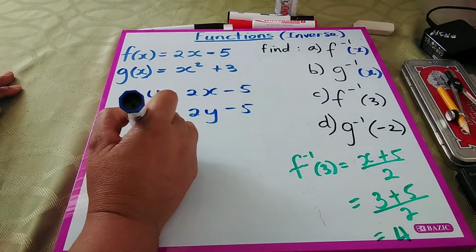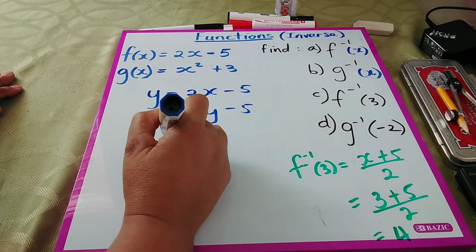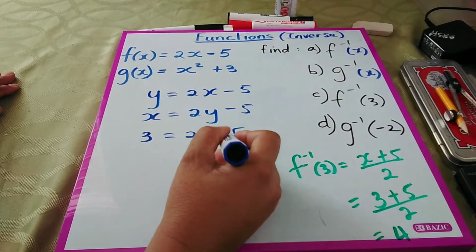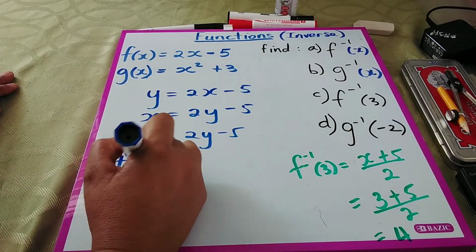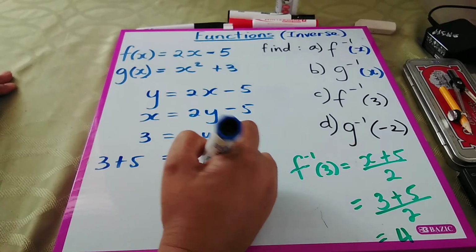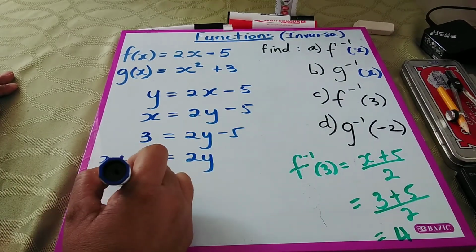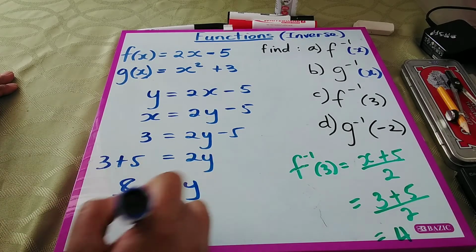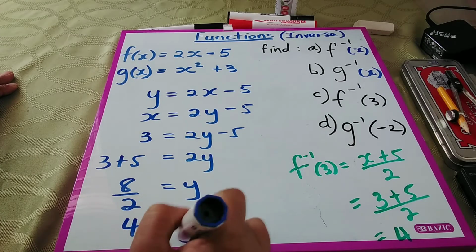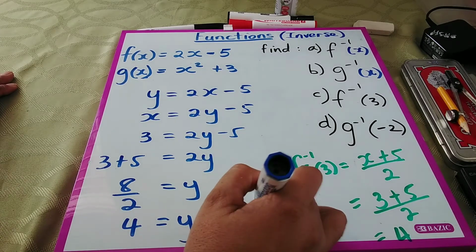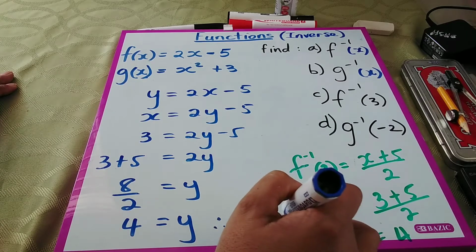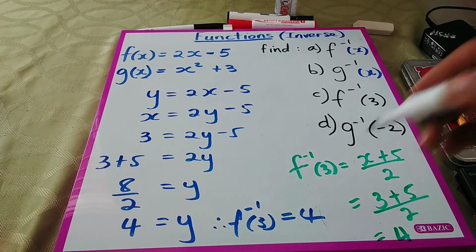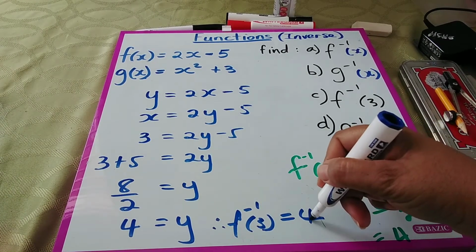So here we could say 3 is equal to 2y minus 5, and then we carry over the 5, so we have 3 plus 5 equals 2y, and then we divide by 2. 3 plus 5 is 8, we're going to divide it by 2 equals y, and so 4 equals y. Therefore, f inverse of 3 is equal to 4. Same answer. You choose which method is better for you.